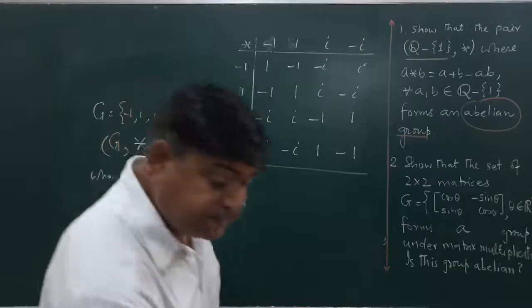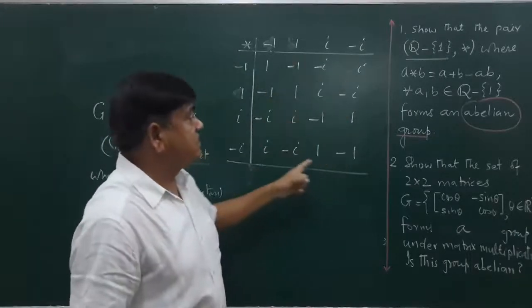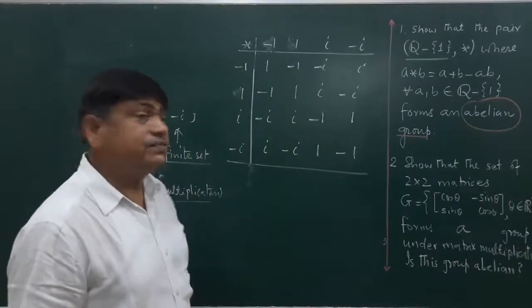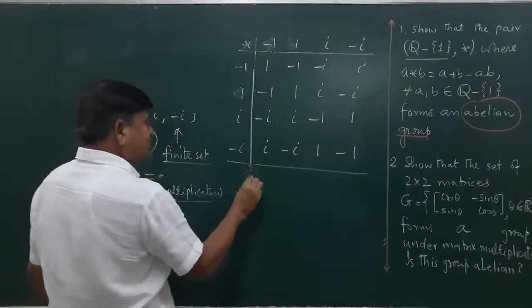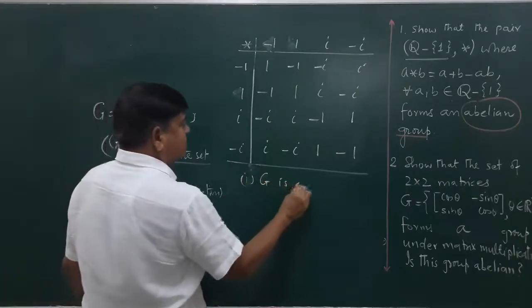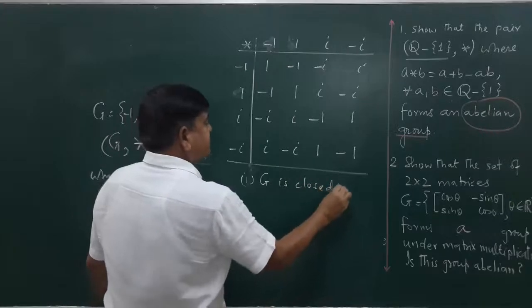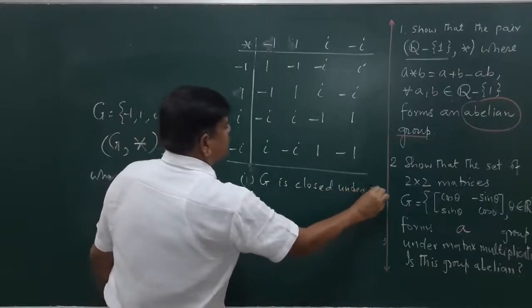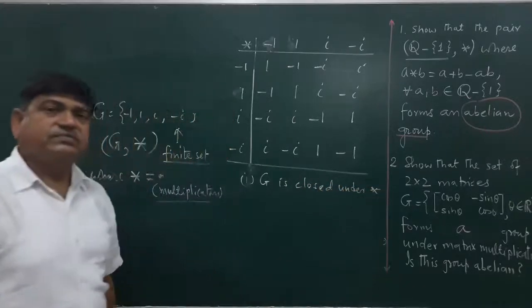All these are members of Z. So first, Z is closed under multiplication.